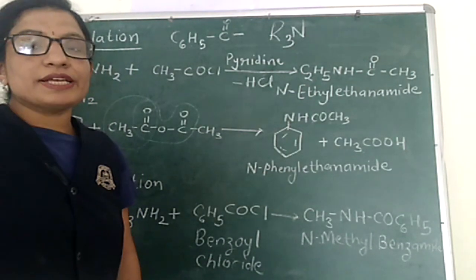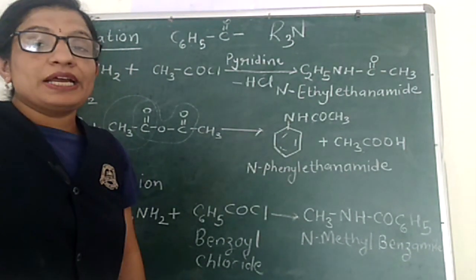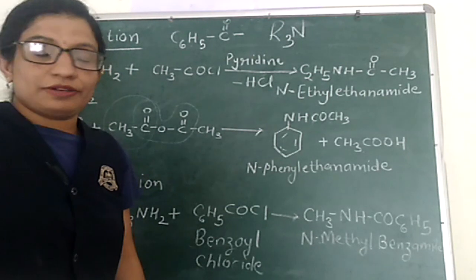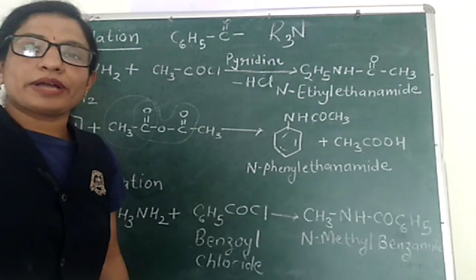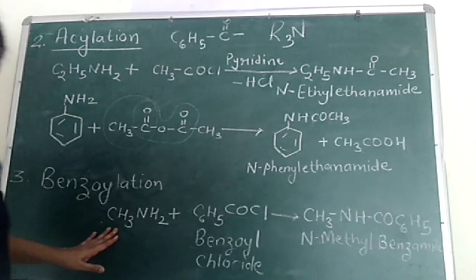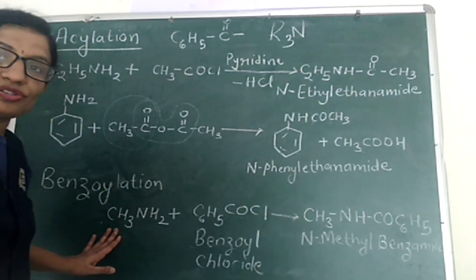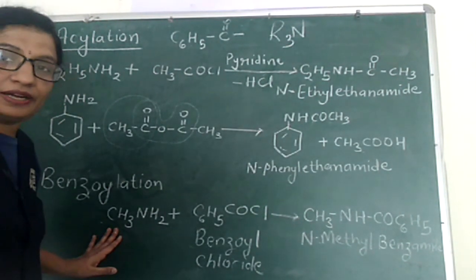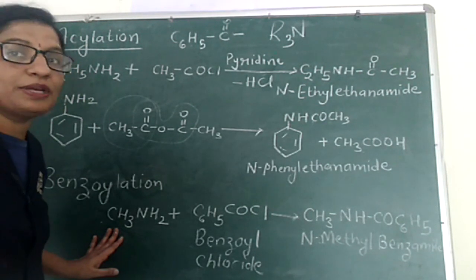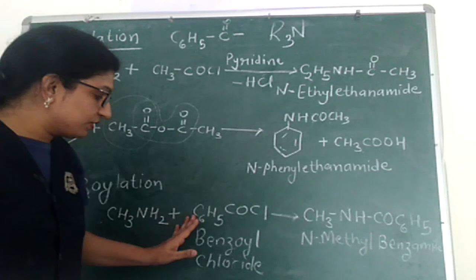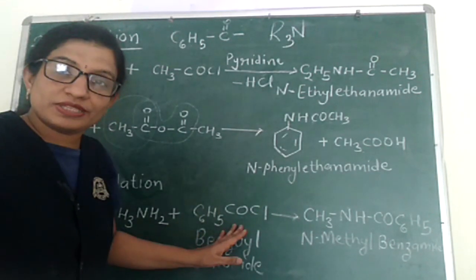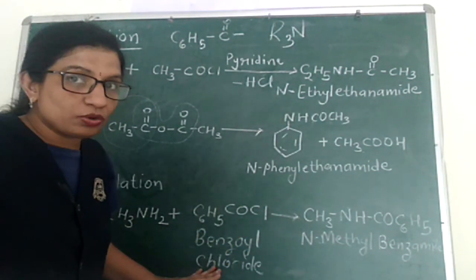For this, the reaction will take place with benzoyl chloride. Let's look at the equation. You can see here we have taken CH3NH2. Again, here it can be a primary amine, it can be a secondary amine. This is methanamine. Treatment is with C6H5COCl, that is benzoyl chloride.